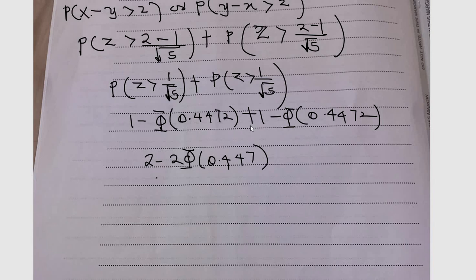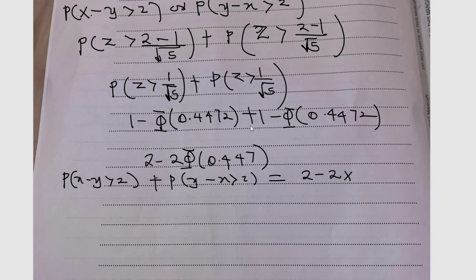So that will be the probability of X minus Y greater than 2 plus this. So 2 is common. What's the phi of 0.447? That's 0.4472, which gives us 0.6700, plus the added 25.